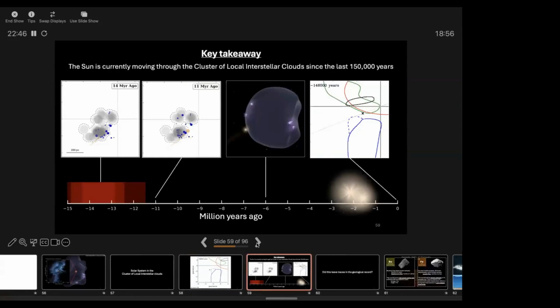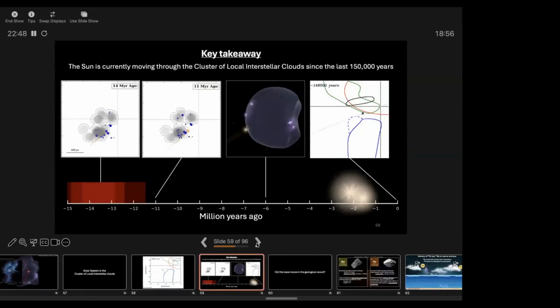So this is the other takeaway that I wish you keep in mind: the sun is currently moving through the cluster of local interstellar clouds, and it entered this cluster in the last 150,000 years. So something which is really recent and close to us.